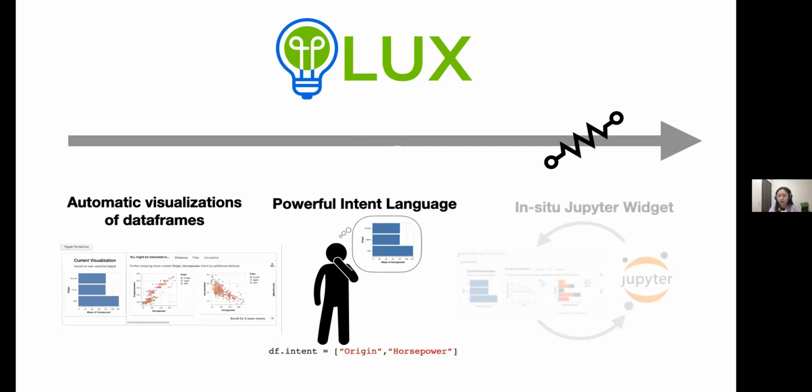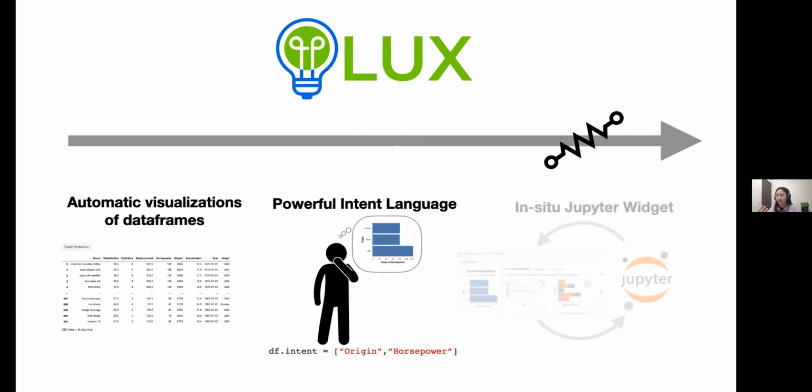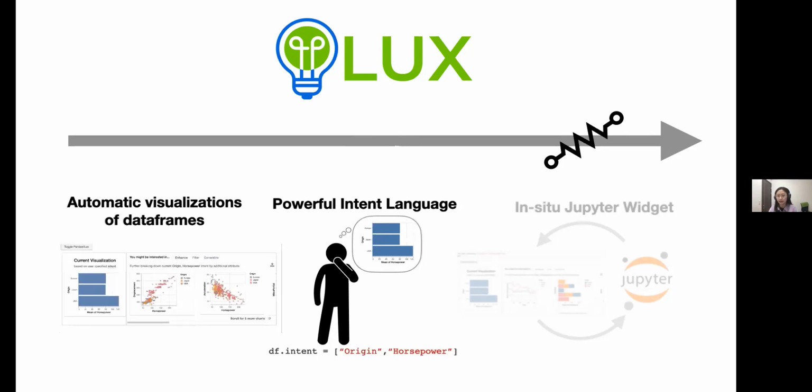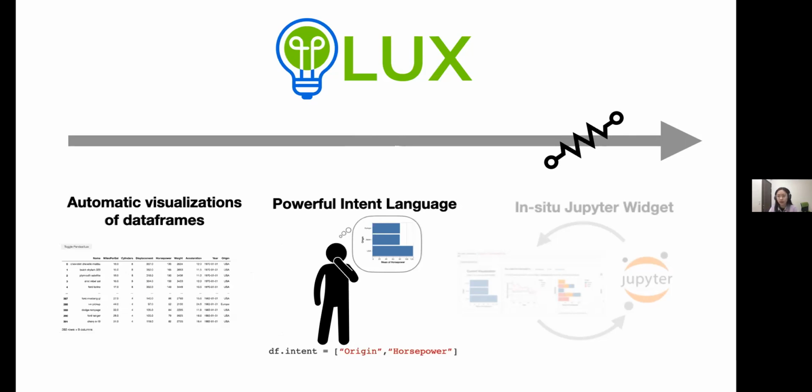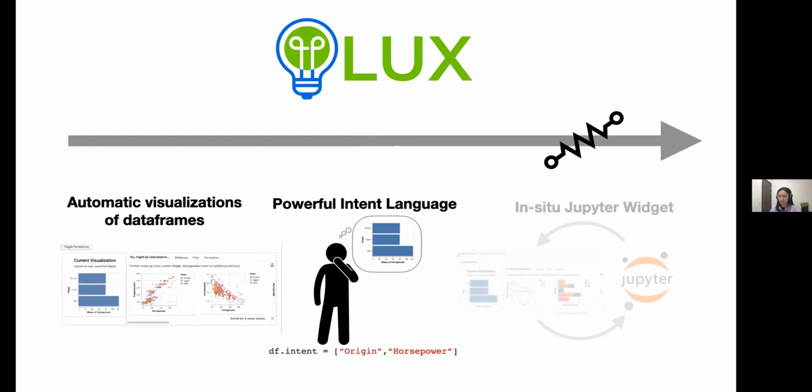Next, to lower the cost of programming, Lux features a powerful intent language that allows users to specify what they're interested in at a very high level. Data frames can be attached with these intents, which then enriches the data frame with signals about what visualizations we should display that are more relevant to their analysis contexts.